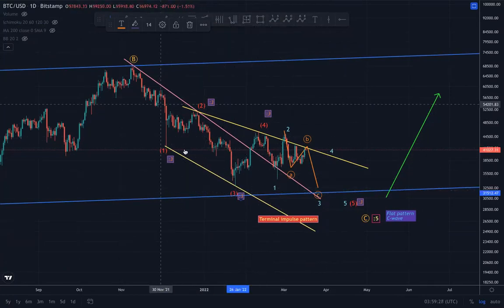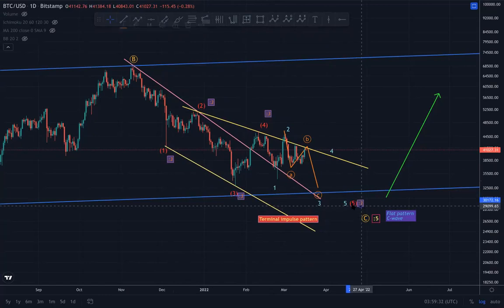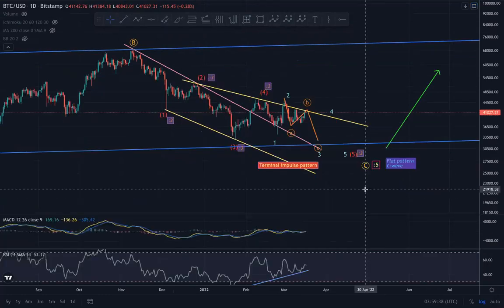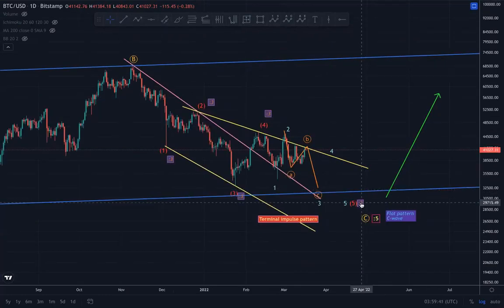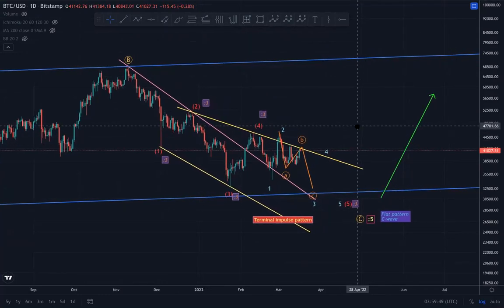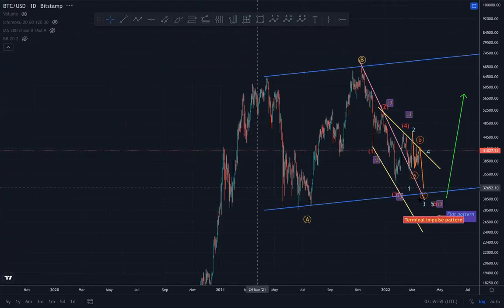Just like here, this 1, 3, and now 5 is being made of a 3, of a corrective nature, although the terminal, you could argue, would be called a 5 here. That's why this is getting a little bit scrunchy and choppy, because whatever is happening, there is that sense of termination of this overall pattern.